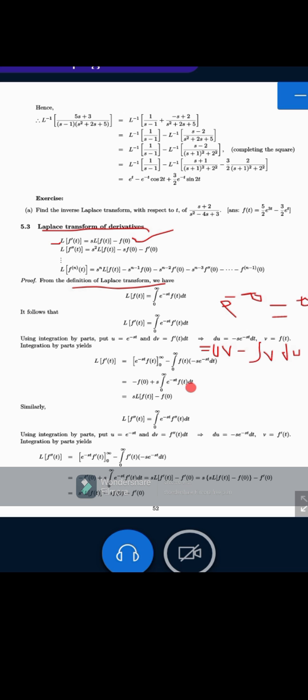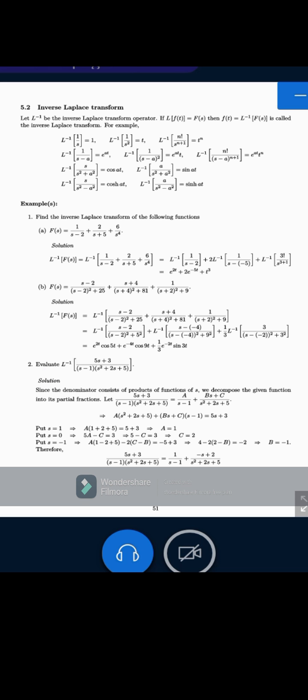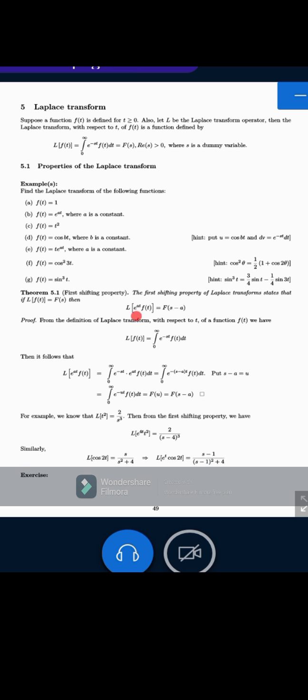And if you remember from the definition of Laplace transform, we have seen that in our previous lecture.